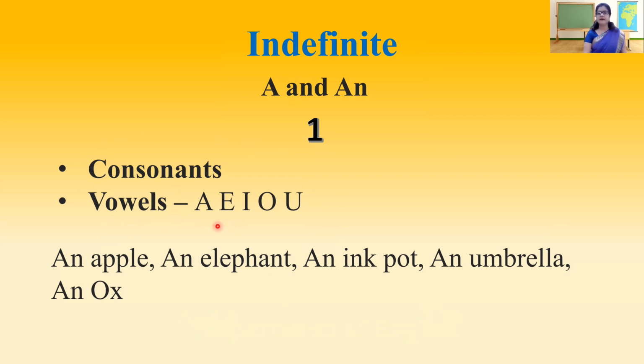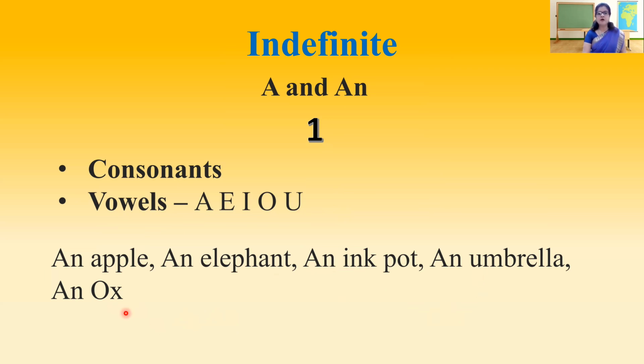A, E, I, O, U are called vowels, swaragalu. The remaining letters are called consonants, that is vyanjanagalu. Here we have written an apple, an elephant, an ink pot, an umbrella, and an ox.